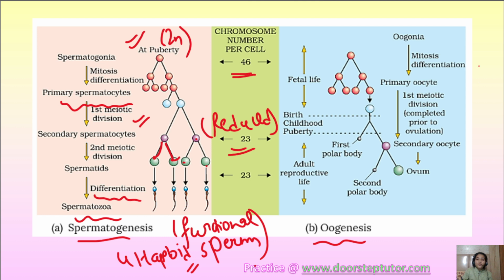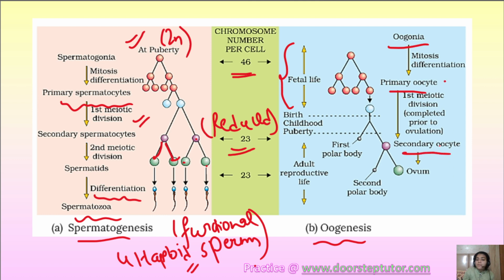Now, if we talk about oogenesis, here you can see that in fetal life only, the oogonia are present, and all the mitotic differentiation is done only in fetal life, and after this the primary oocyte is formed. Primary oocytes are arrested at this stage from birth to puberty. Once a woman enters puberty, the meiotic division starts, and after the first meiotic division, a secondary oocyte is formed from the primary oocyte.